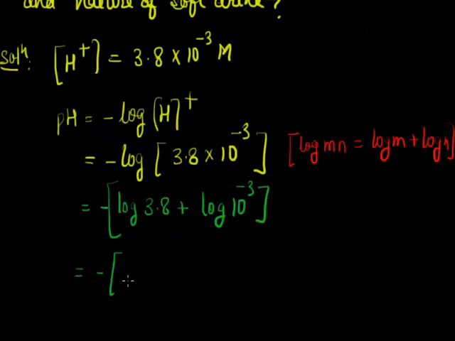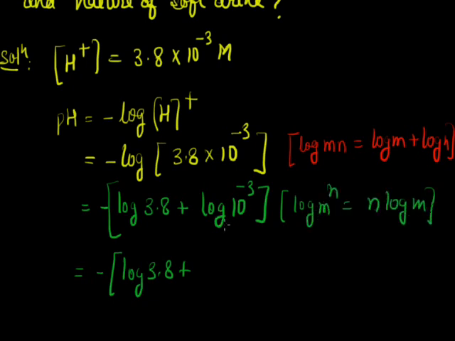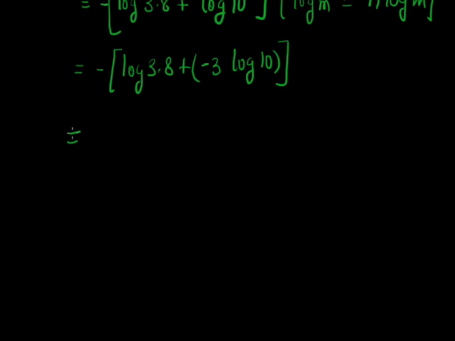We can also apply the second formula here. For the powers, the formula is log m to the power n is equal to n log m. When we apply this formula, we get minus 3 log 10. Now solve the values given in the bracket.